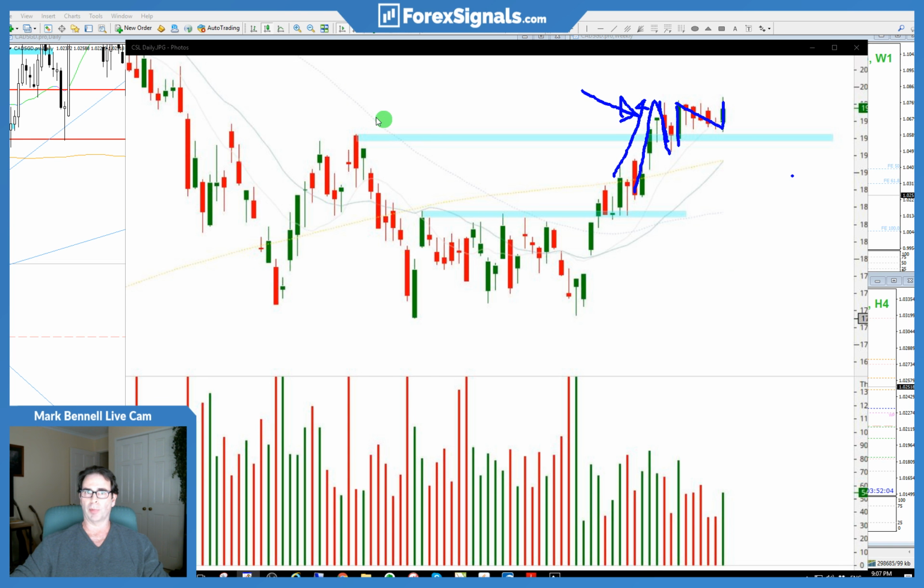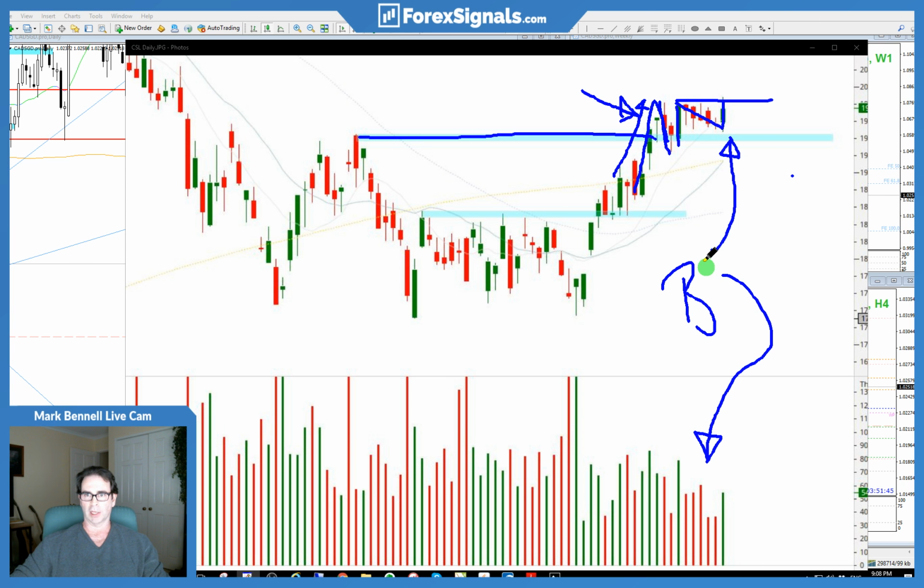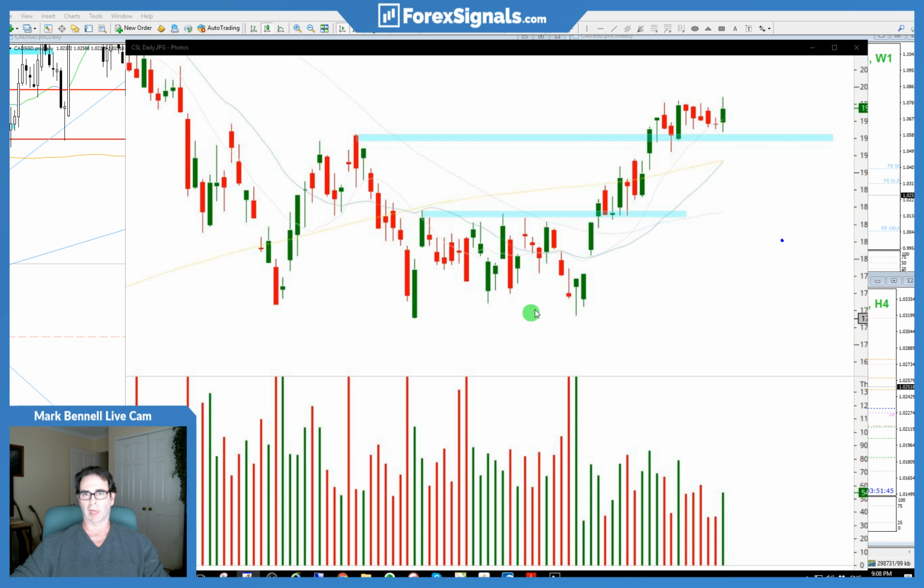So from that point of view, I like this. So it may only get a B because of the setup and the volume, but because of where it is, I might give it a B plus. All right. So there we go. This is not a cup with handle. So there's another one.